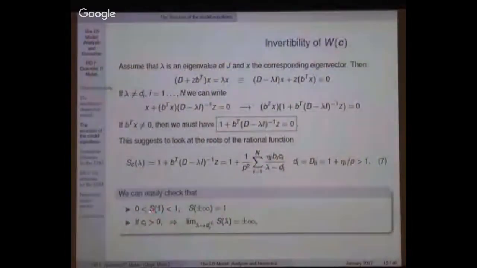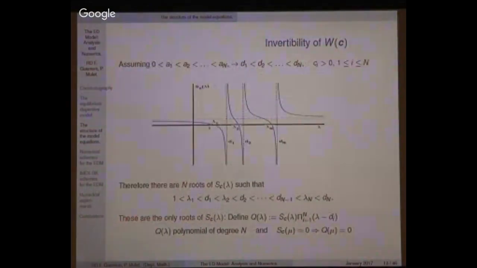For example, that s of 1 is positive between 0 and 1. You can compute the limits when lambda tends to plus or minus infinity. And if you have the pole, that is, if the component Ci is positive, then you know the behavior at the pole. So here's the picture of one such function.